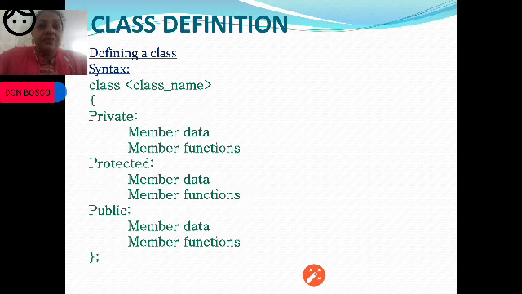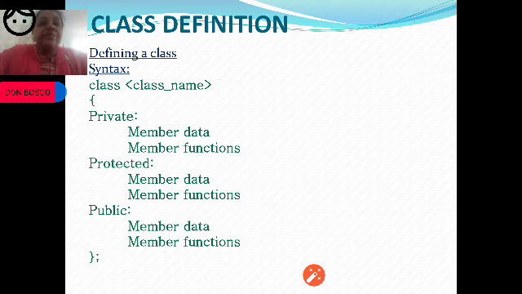Class followed by class name. The class name can be any name of your choice. For example, student, employee, book, class. So any name of your choice can be given for the class name.